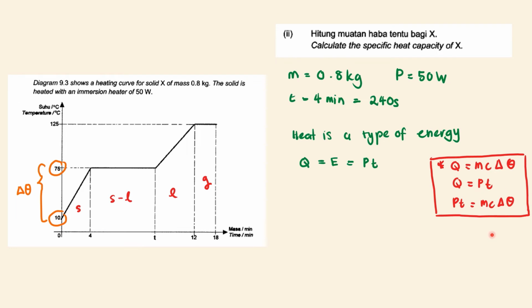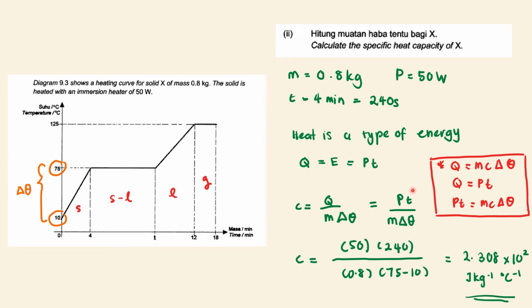This formula, or list of derivation, is actually very important, and usually these formulas are the ones that will give you a mark when answering this type of question in the examinations. So because of this, we can substitute Q with the product of power and time into the formula. And when we substitute all of the information that we have into the formula, we will get that the specific heat capacity of X is as shown on the screen.